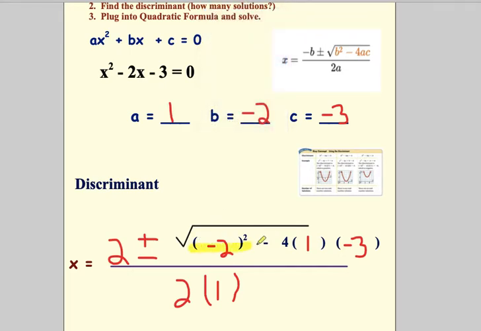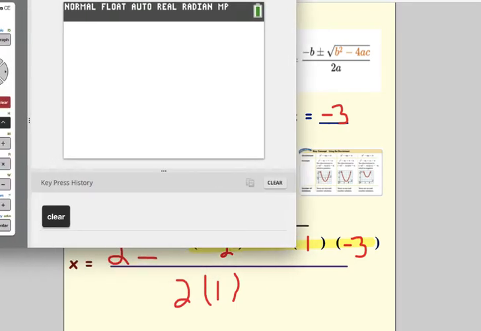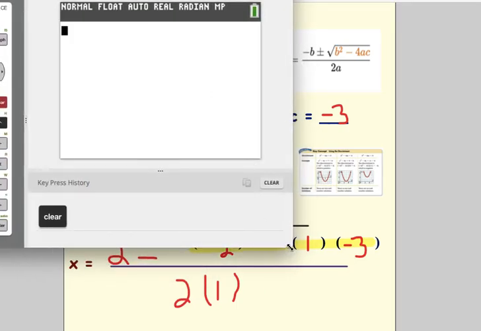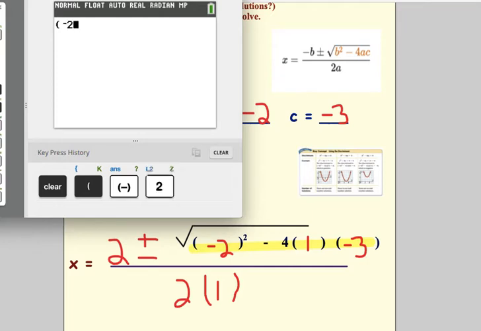So right here, my discriminant is going to tell me how many different answers there are. I'm going to see if I can do this on the calculator and see what I get. So I started off here, and I have a negative 2. So I've got to make sure that I use my parentheses. I'm going to use the negative button, 2, use my parentheses.